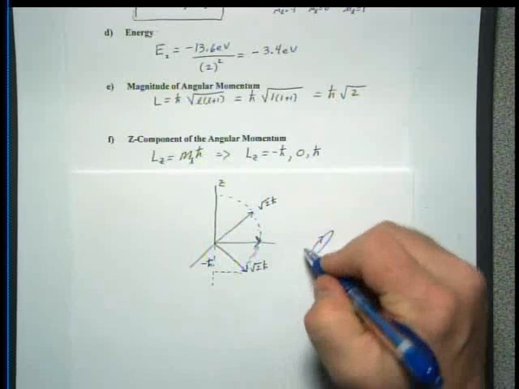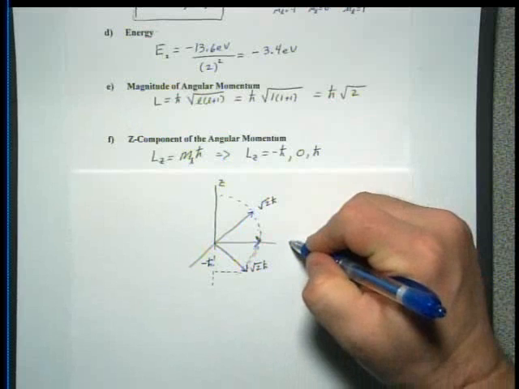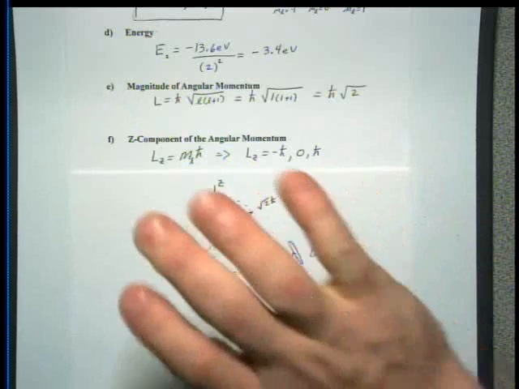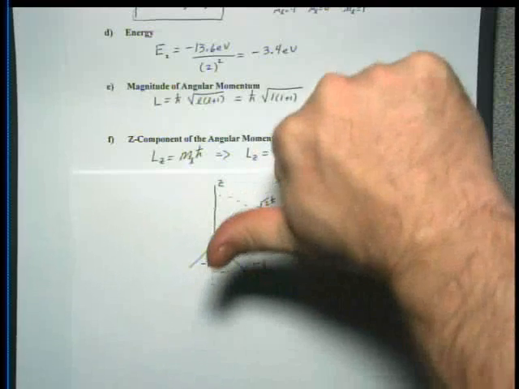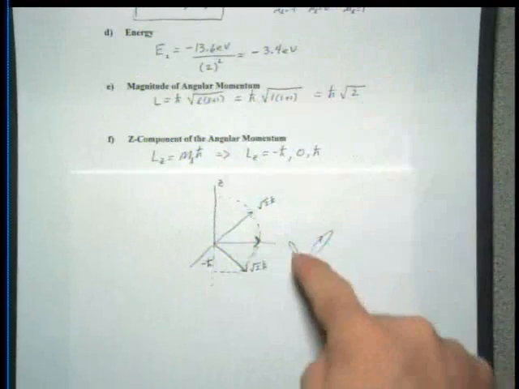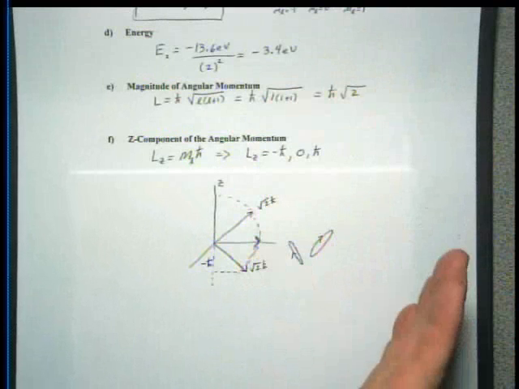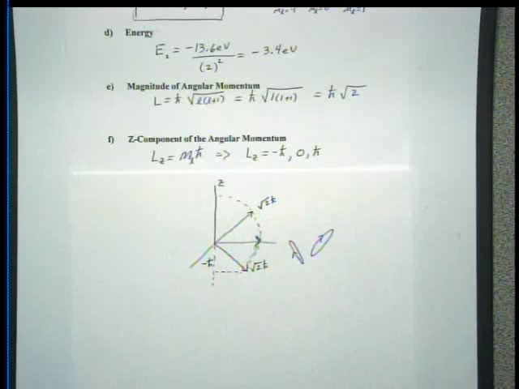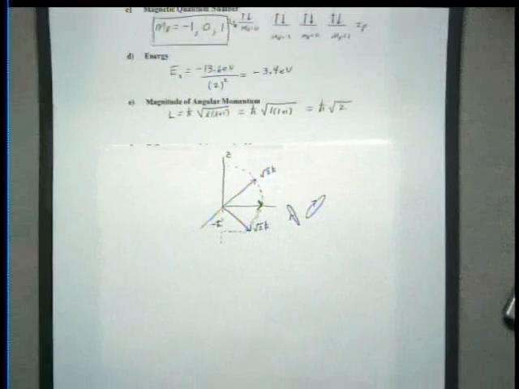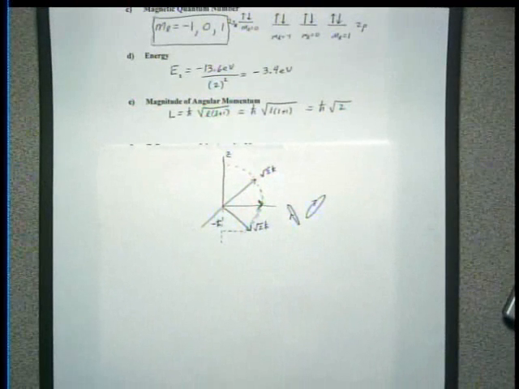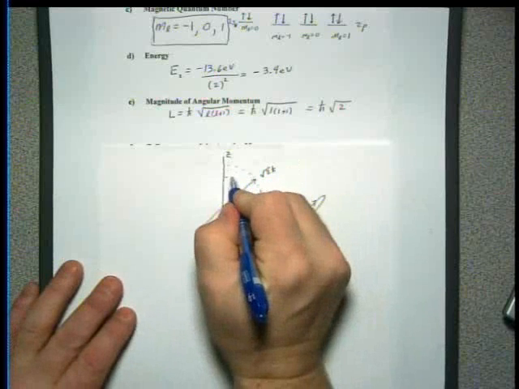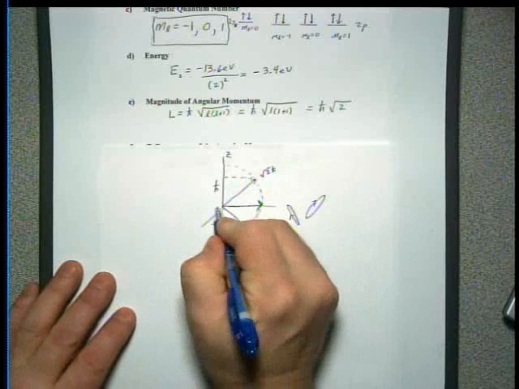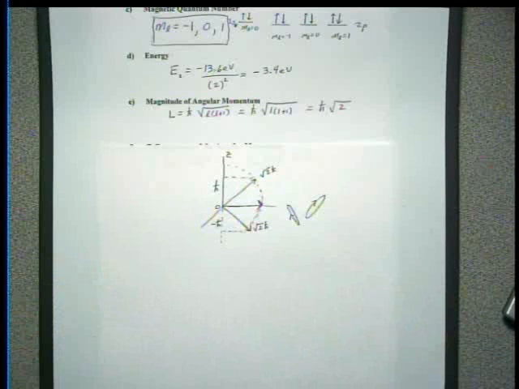So for instance, you could have it going like this, and then it would be over here. So depending on how these orbits are tilted, will tilt this angular momentum. This guy up here would be h bar, and this one right along here would be the one that has no component along the z-axis.